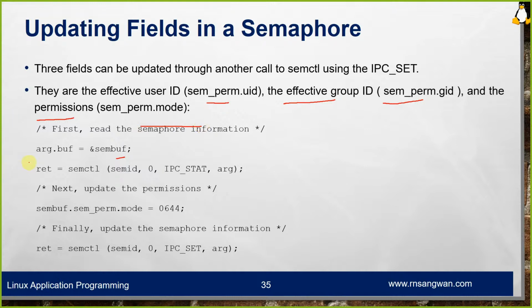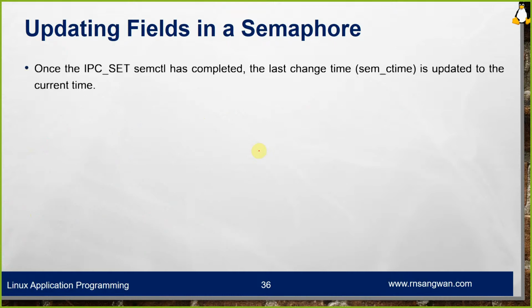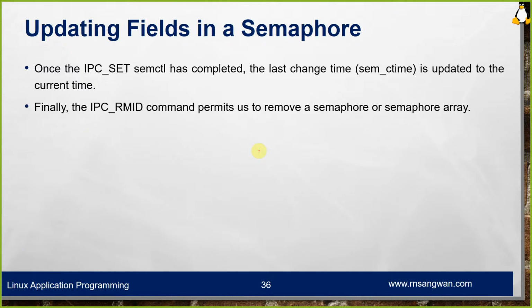So we have the argument buffer, retrieve the value and then update the value. Semaphore buffer dot sem permission mode is 644; earlier it was 666. Updating fields in semaphore: once the IPC_SET semctl has completed, the last change time is updated to the current time.